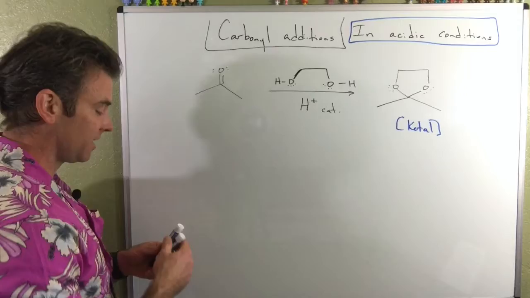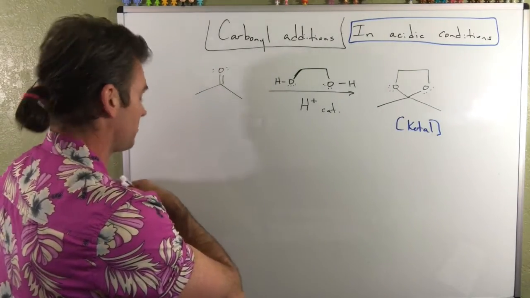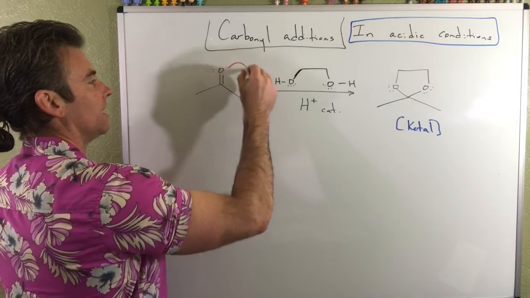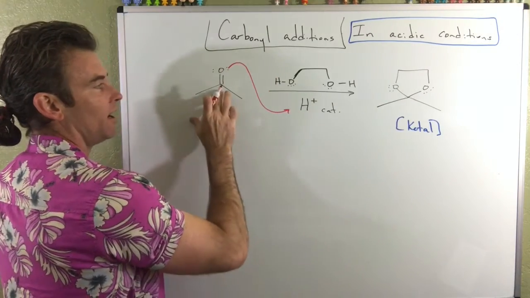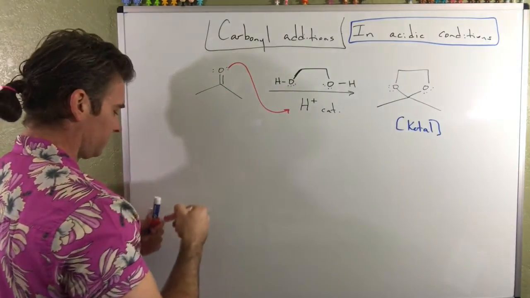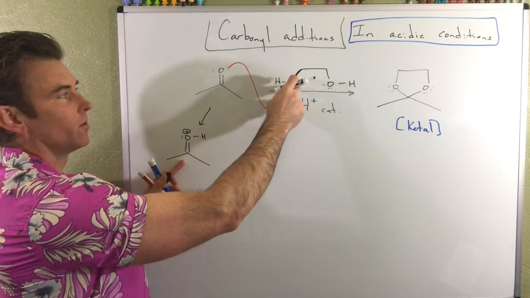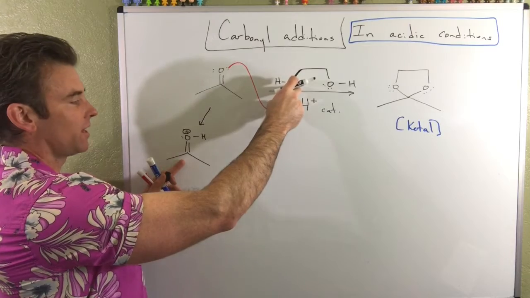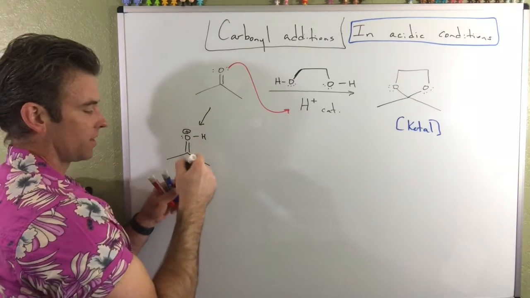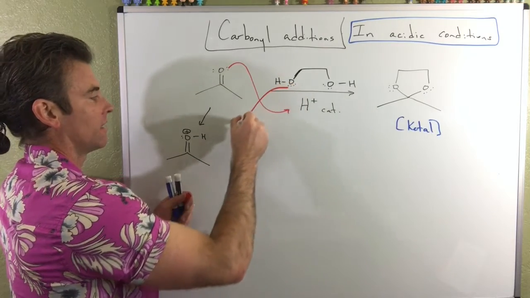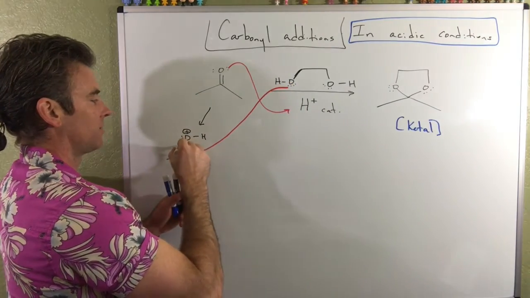And the reason is because when we reach out with our electrons, we end up drastically increasing the electrophilicity of that particular carbon. So as before, this as a nucleophile wasn't strong enough, and suddenly now that we've protonated this thing, it's more than activated towards an attack by that set of electrons.